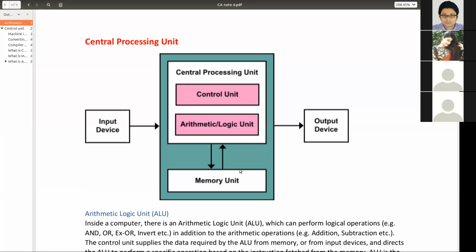And as I told you, here memory unit means the CPU's own memory, which is more commonly known as the accumulator. A short question can come: what is known as the CPU's own memory, or what is the function of the accumulator. We will see that, but you have to remember that it is the CPU's own memory that is known as the accumulator.